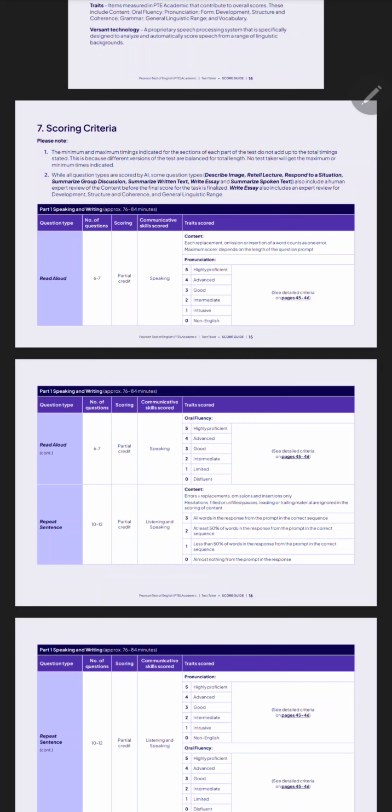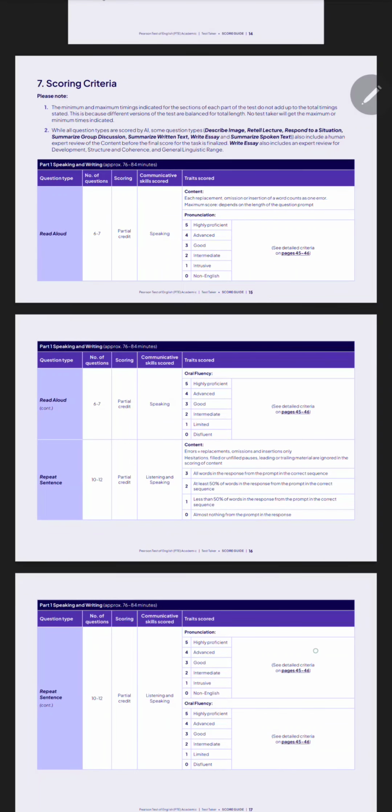Hesitations, filled or unfilled pauses, leading or trailing material are ignored in the scoring of content, but I think it's also a good idea to have very good fluency in this part.